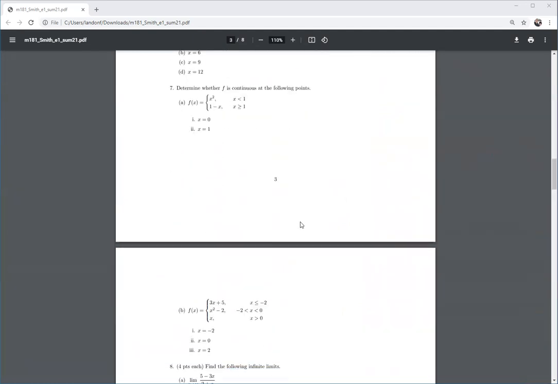Okay, so start with part A. It says determine whether f is continuous at the following points. Okay, so we have x equals 0 and x equals 1. There's a couple different ways you can go about this. One thing I like to do is graph it.